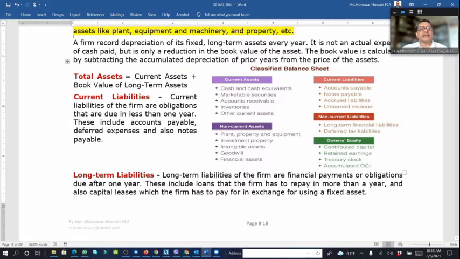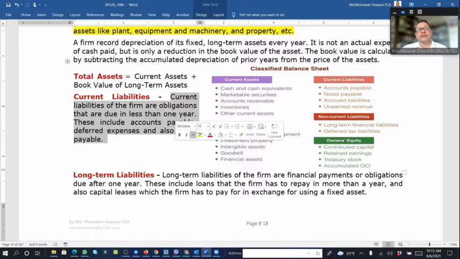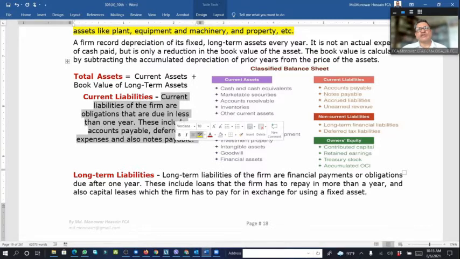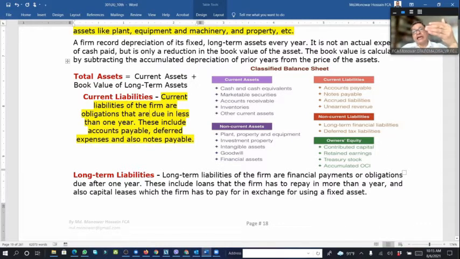And total assets are current assets plus long-term assets. Current liabilities are the same way. And the balance sheet can also be prepared as a classified balance sheet. We can classify based on current assets, non-current assets, current liabilities, non-current liabilities, and owner's equity. This way it can be classified.